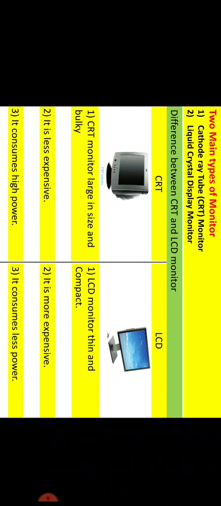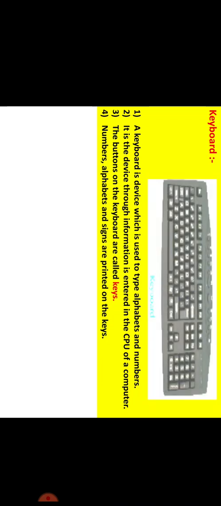Very good. Now the next one is keyboard. See, this is called keyboard. A keyboard is a device which is used to type alphabets and numbers. Have you seen the alphabets A, B, C, D, E, F, G on the keyboard?